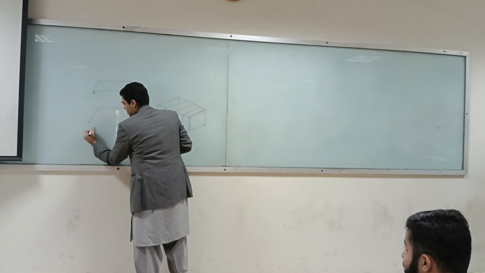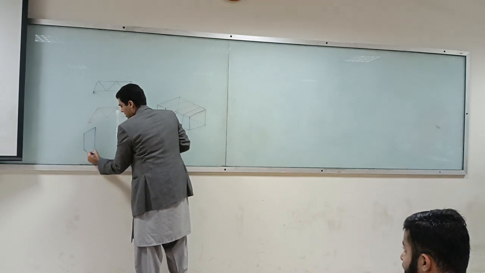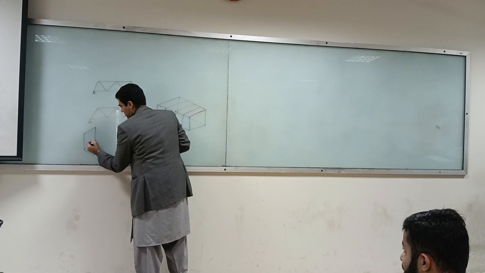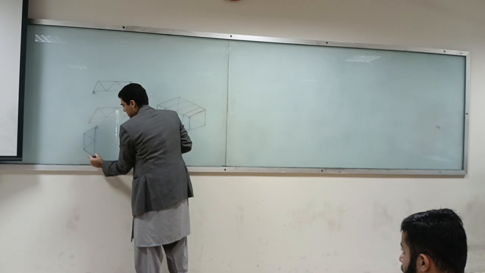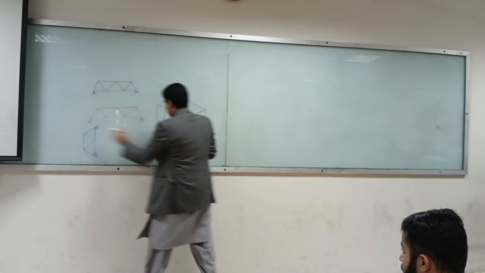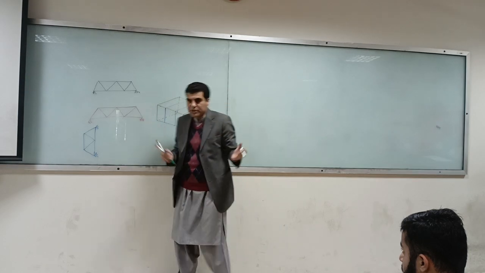Okay, nothing stops us from providing a vertical truss. Something like this, and they both might be connected. Okay, do you understand my point? The blue structures can also be trusses and the red structure can also be trusses.